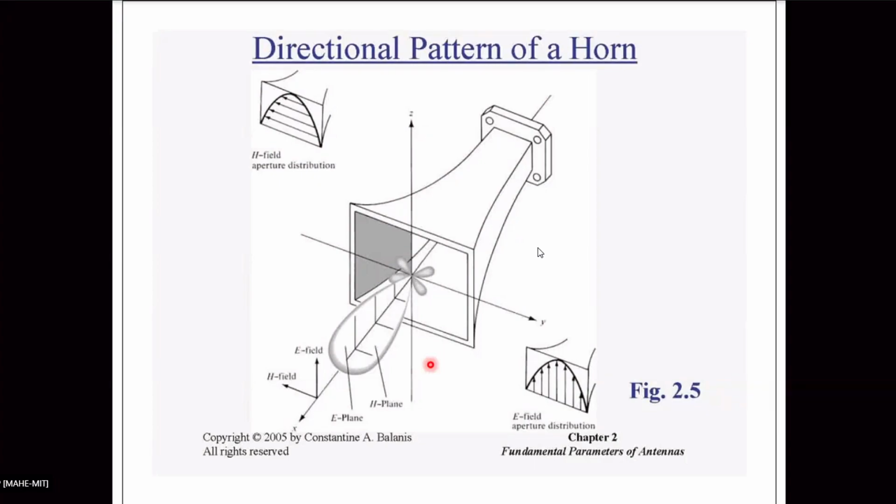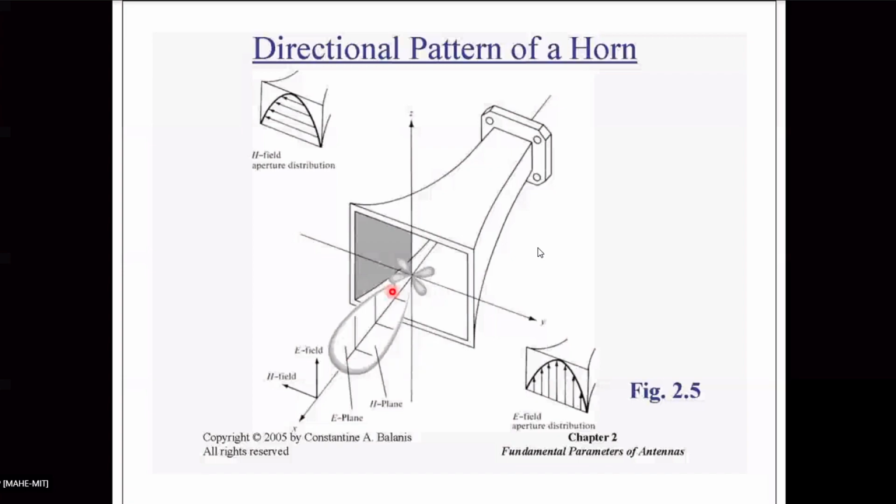Sometimes we don't speak in terms of theta is equal to constant plane and phi is equal to constant plane. We speak in terms of E plane and H plane. The E plane is the plane containing the electric field and the direction of maximum radiation, that is this vertical plane.